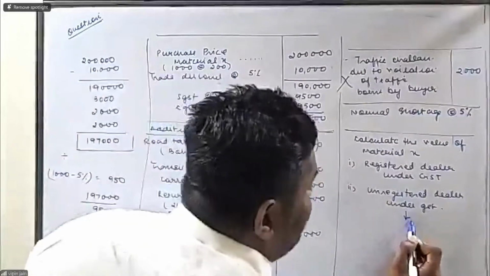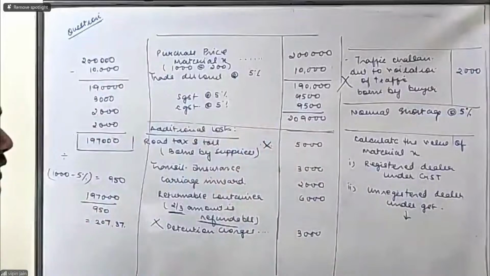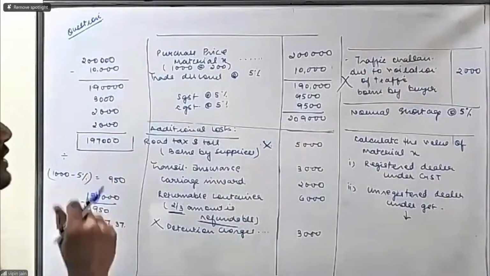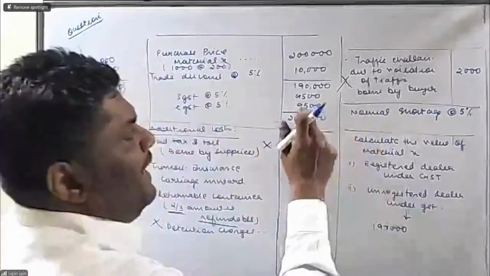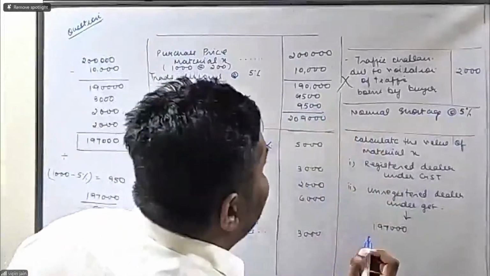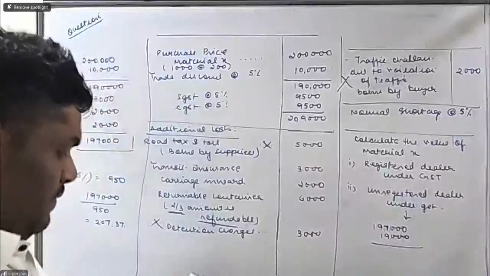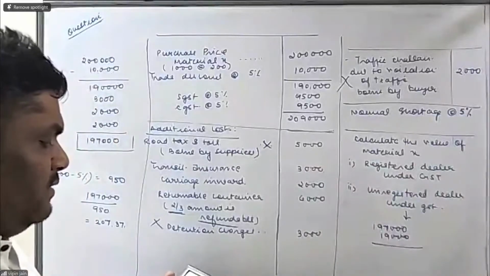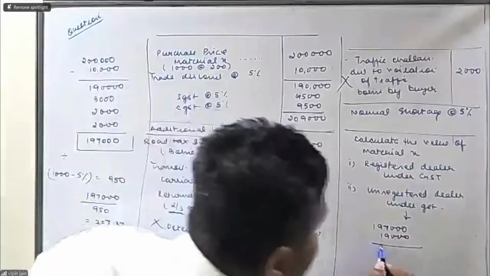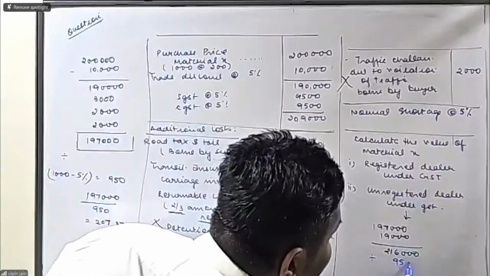Now, in case of unregistered dealer, very simple, the GST paid will be added to the cost of material. So in short, my cost is 1,97,000. In this, we will add the GST paid, that is 19,000. 1,97,000 plus 19,000. So this will be 2,16,000 divided by 950.